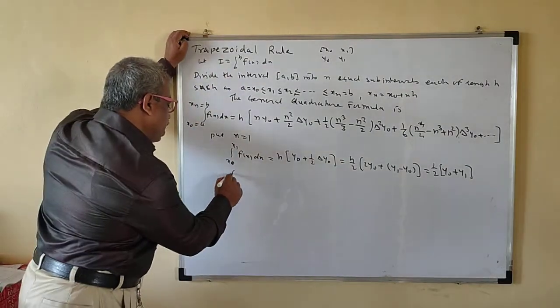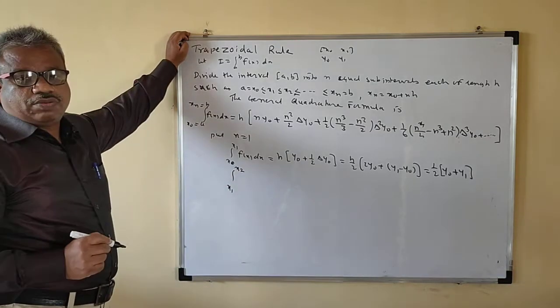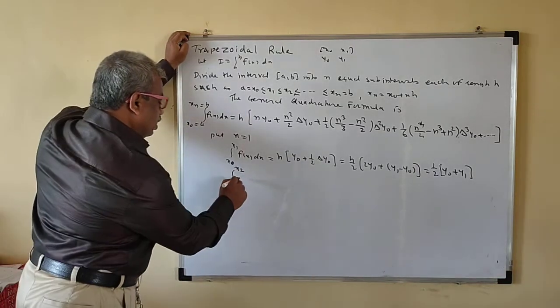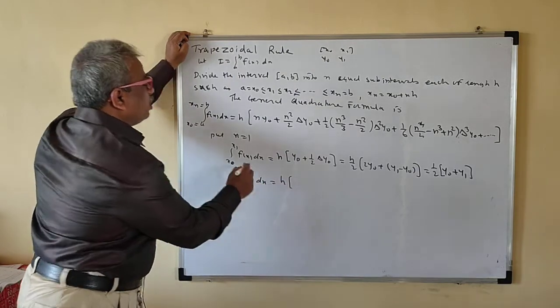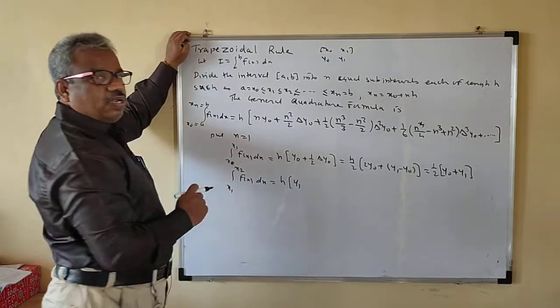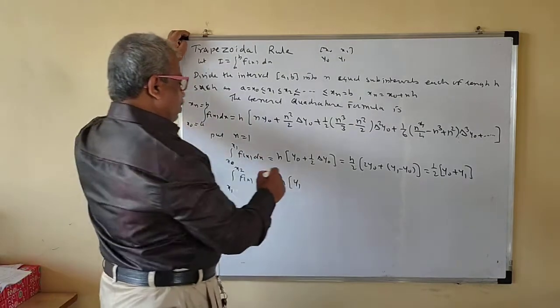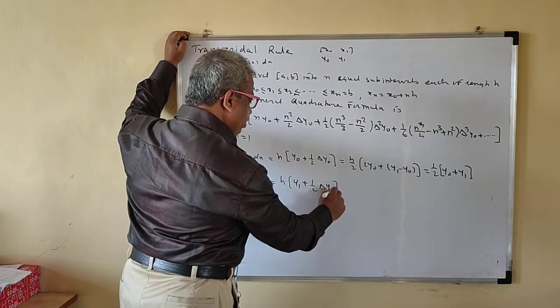Now I will do this for x naught to x2. The integral of f of x dx from x1 to x2 is h times y1, because the initial value is y1, plus 1 half delta y1.